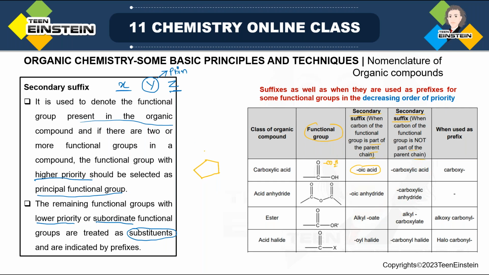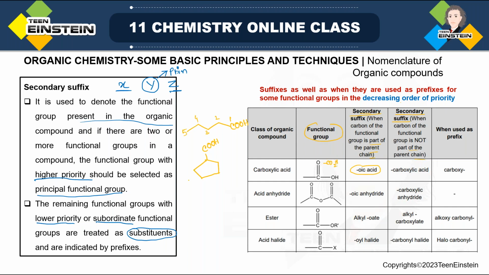But here you cannot place the CO2H group. It will always be like that. So in these special cases, this fourth column is actually for special cases. Mostly you will not find it, but still you should know, especially in the case of cyclic compounds. So CO2H, if it is part of the parent chain, suppose this is the parent chain and you have this CO2H, now this is 1, 2, 3, 4, 5.